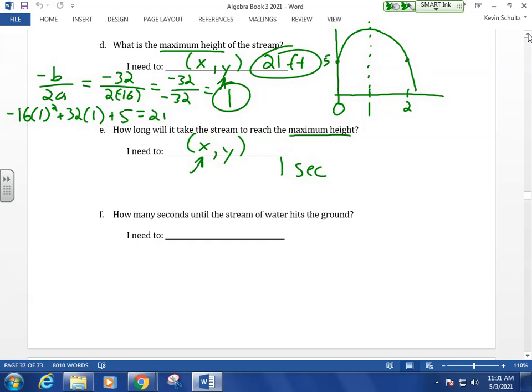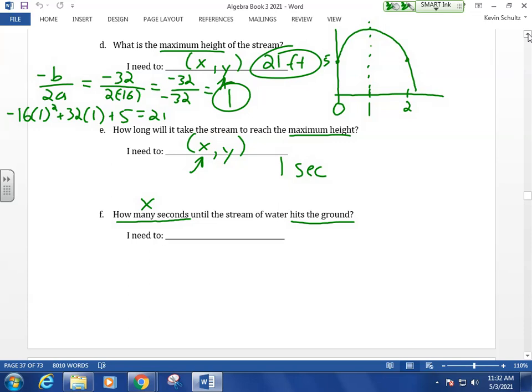And then finally, how many seconds until the stream of water hits the ground? And no, a little bit longer than 2 seconds doesn't count here. What do we need to find? Noah. How many seconds? That's one clue. Which variable are we talking about here? X. And hits the ground.